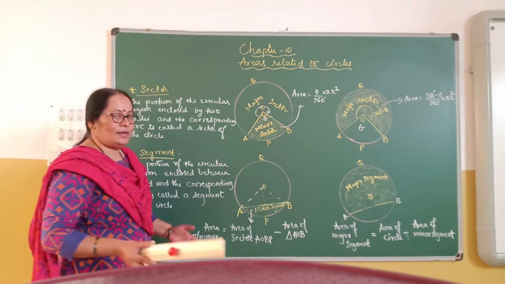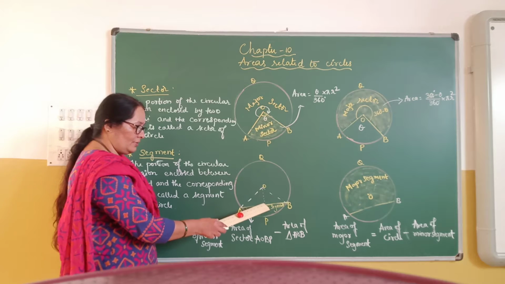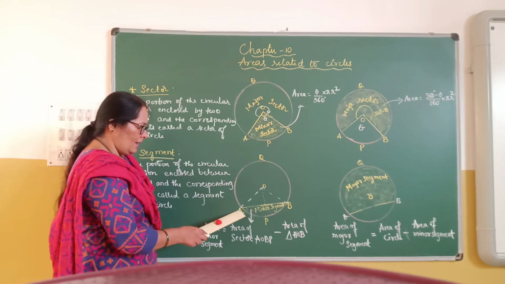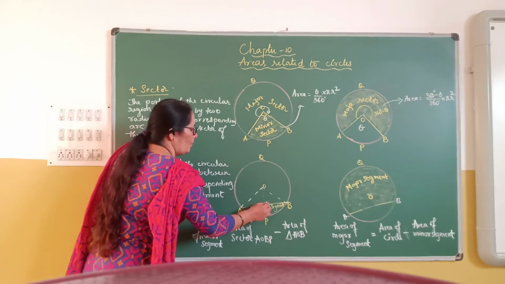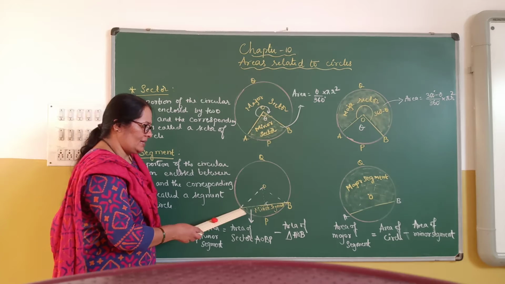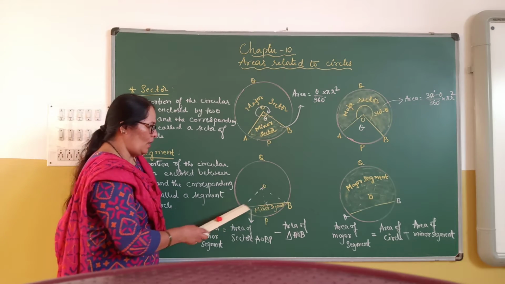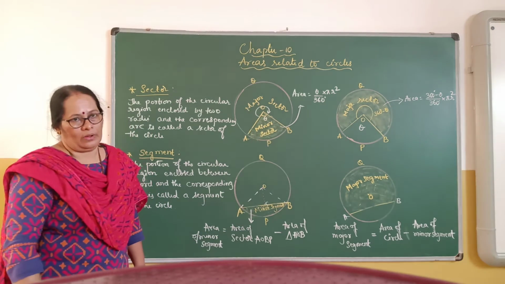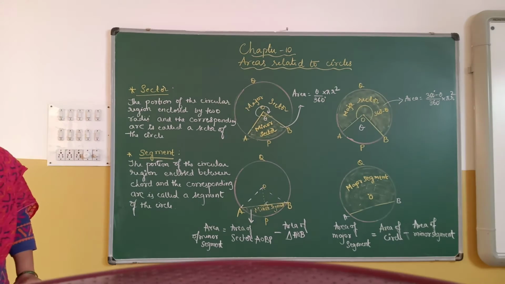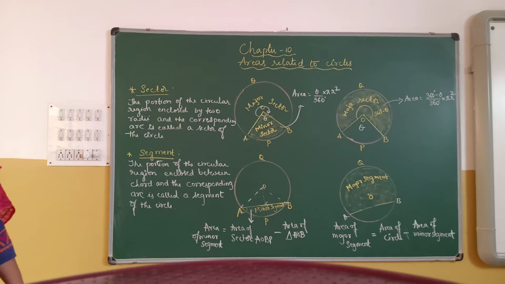Here we are using the property that the perpendicular to the chord bisects the chord. So in triangle AOC, apply the trigonometric ratio and find length AC, and double of AC is the length of the chord. So like this we can find sector area and segment area.